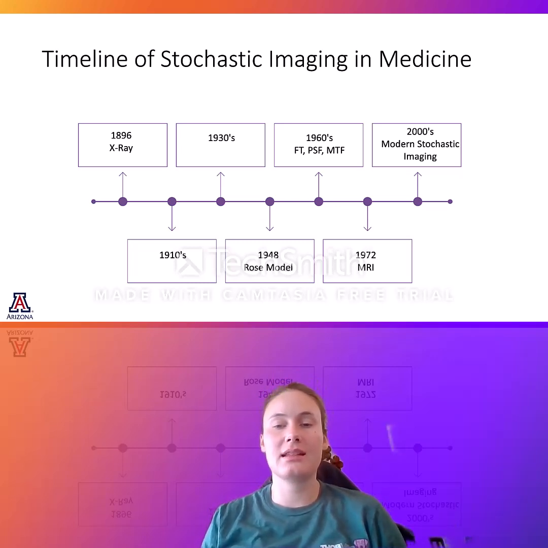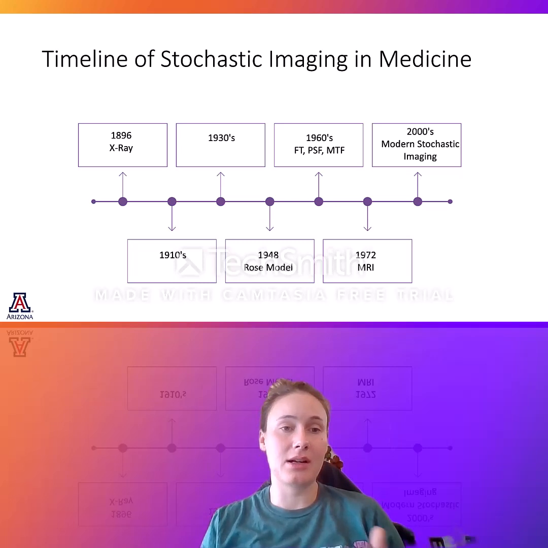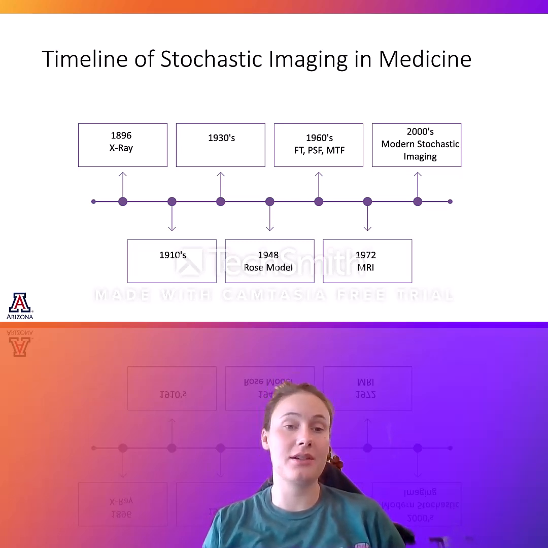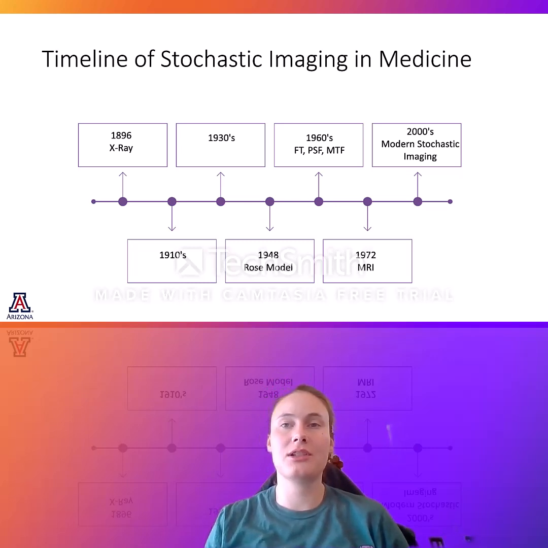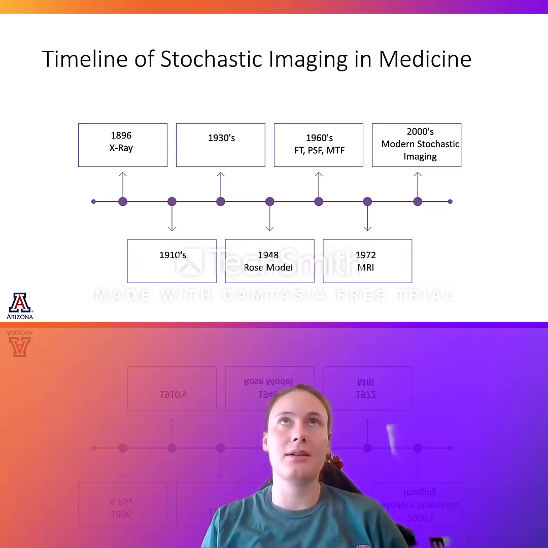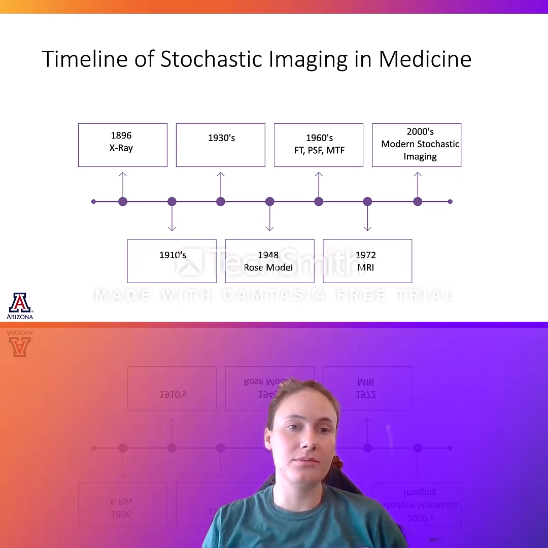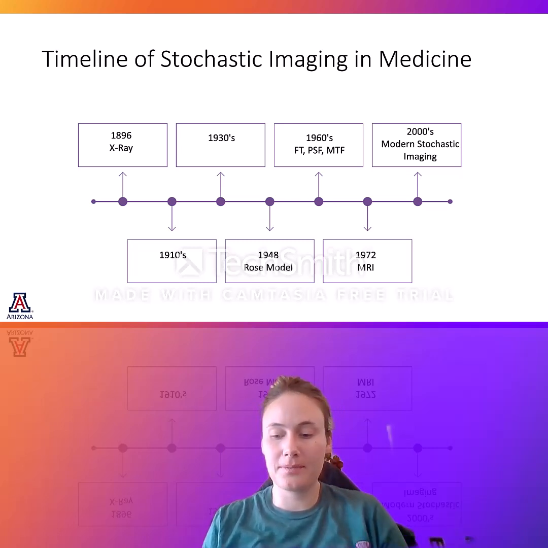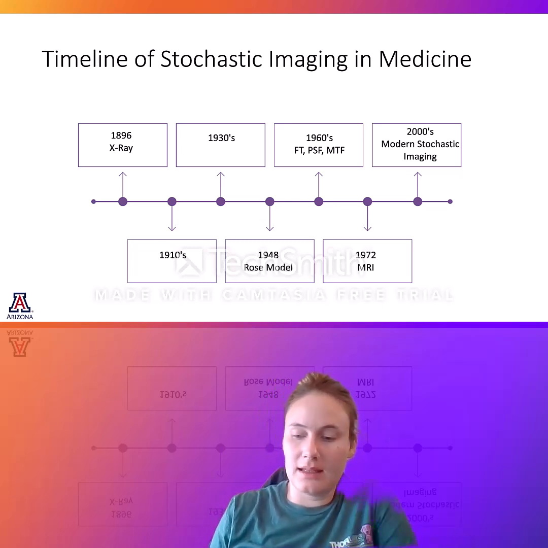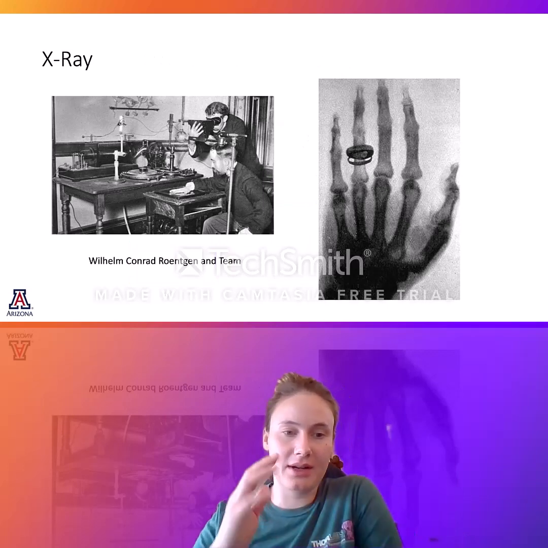And then in the 1960s, we start seeing Fourier transforms, point spread functions, MTFs. 1972 is when the MRI came out, and this used a lot of those models. And then finally, we go into more modern stochastic imaging processes, such as the Monte Carlo model and things of that nature.